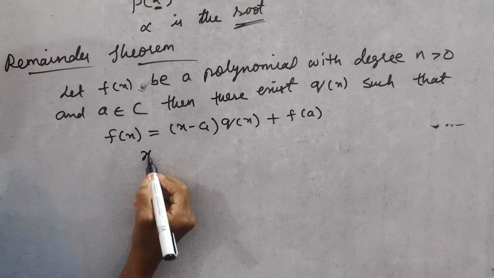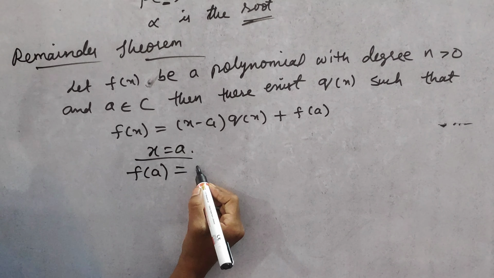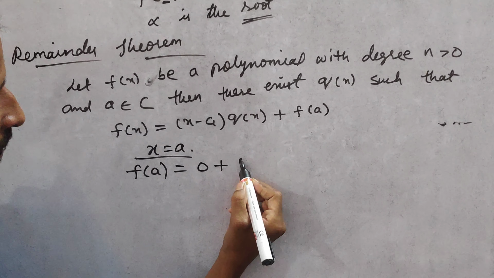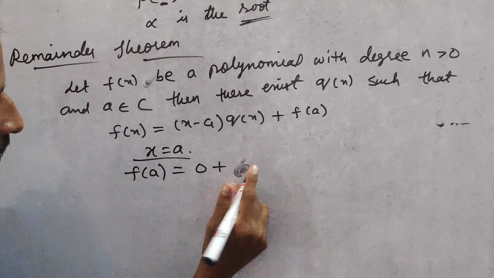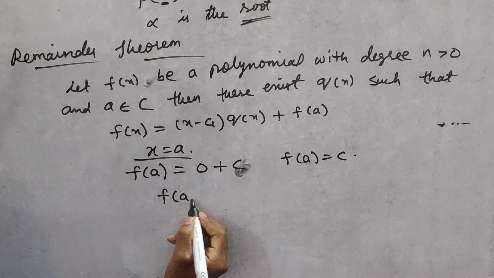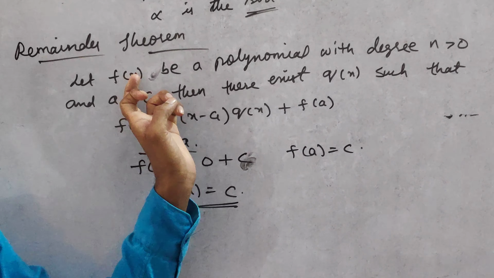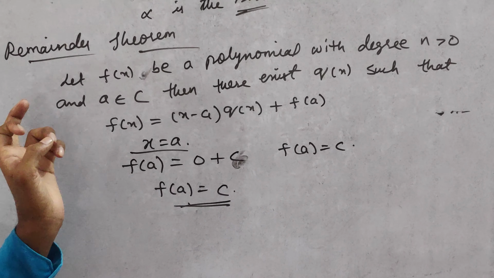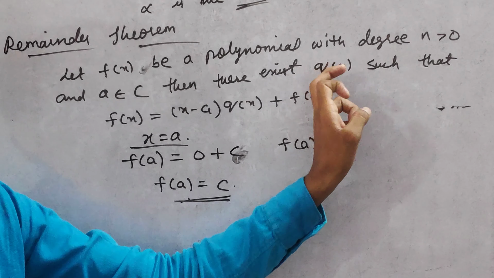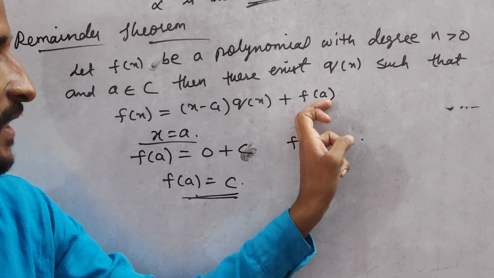For example, if x is equal to a, then x minus a becomes 0, so we get 0 plus f of a. We take f of a as c here, so f of a is equal to c. The remainder theorem means that for any polynomial with degree n greater than 0, there exists a value a and a quotient q of x such that f of x is equal to x minus a into q of x plus f of a.